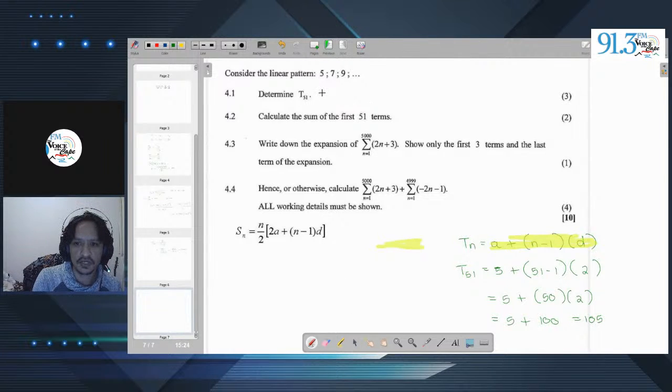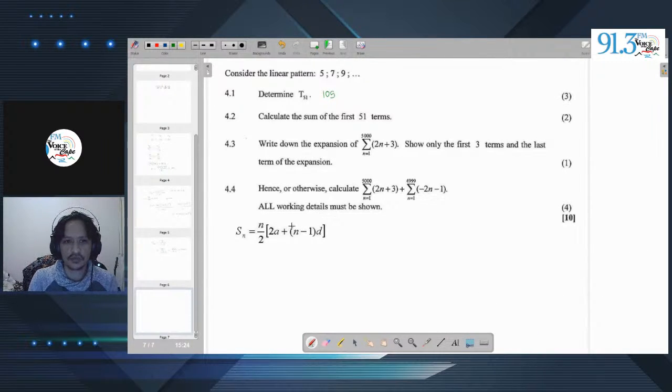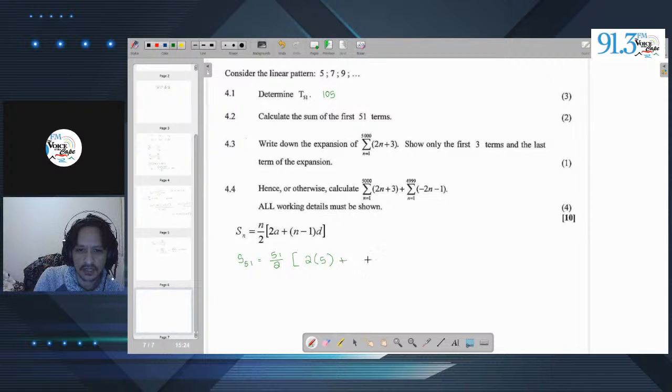So I know that the 51st term is 105. I'll just write this here. We might need to use that later or in this problem as well. So let's take a look. So S for the 51st term is equal to 51 divided by 2, where the first term is 5, we times by 5, plus 51 minus 1 times the difference of 2. We'll just leave this as 51 over 2 for now.